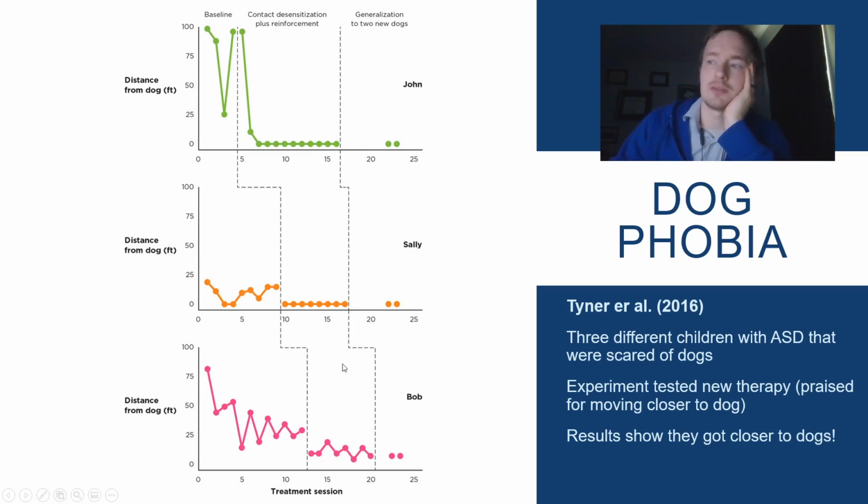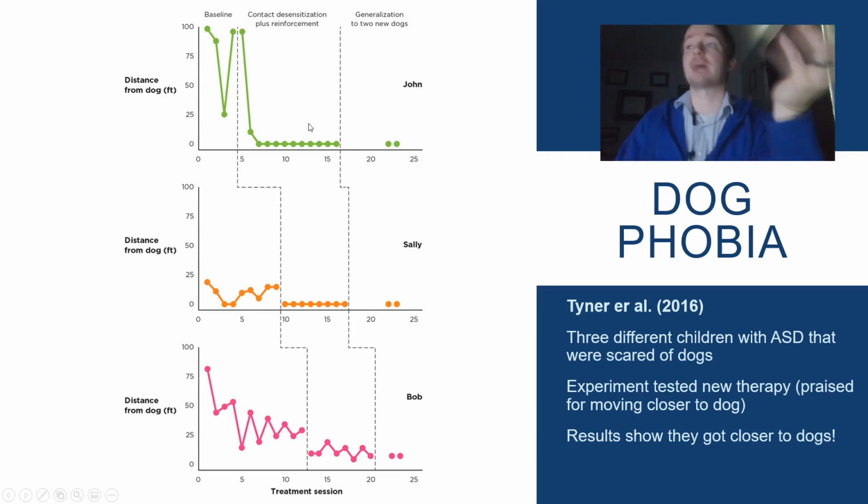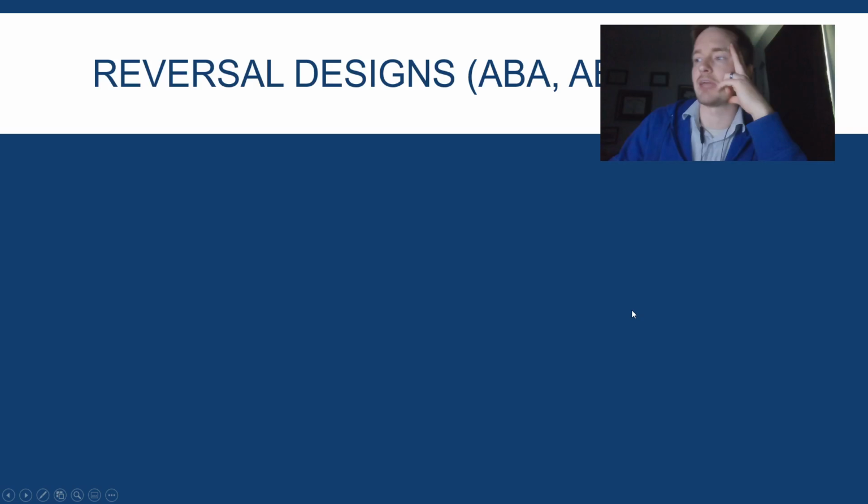That's gone, and then they introduce another dog, and what they find is that they're totally fine with this new dog, right? And so in this case, we have basically a baseline, treatment, baseline plan. We're no longer doing that therapy. They're on their own, and we can see that it's still gone down, which means to us that this treatment must have worked and had some kind of long-lasting impact on their behavior.